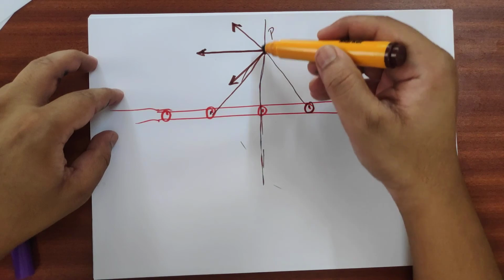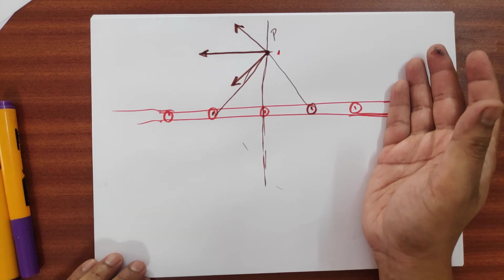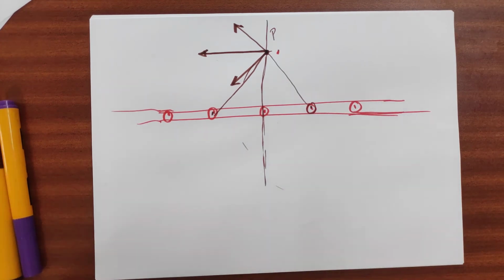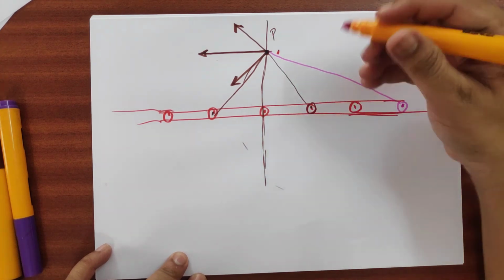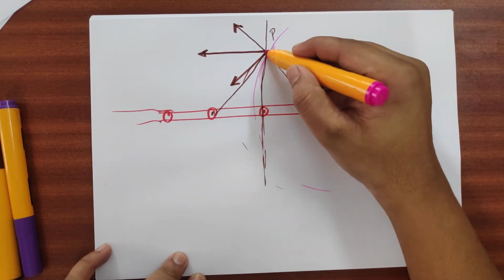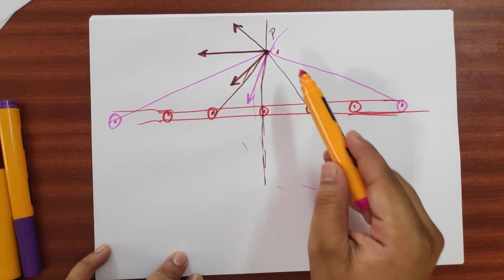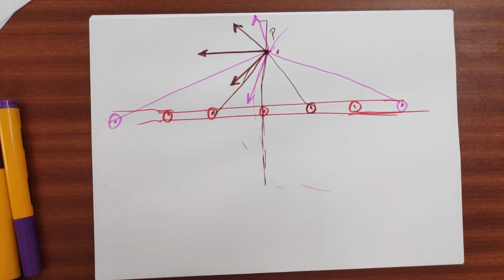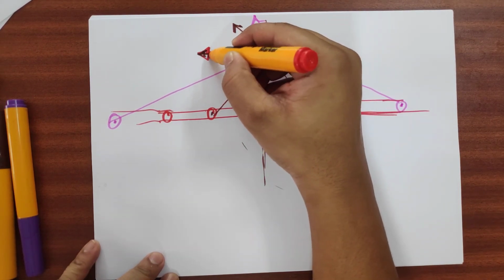So from symmetry we can see that if you divide the space on the right side of P and the left side of P into two halves, then a current carrying wire here produces a field at P like this, and a similar counterpart is here. So the field at P will be this way. So the resultant field here is this way, and in the top part this is the direction of the magnetic field.